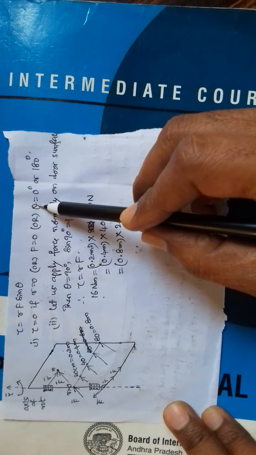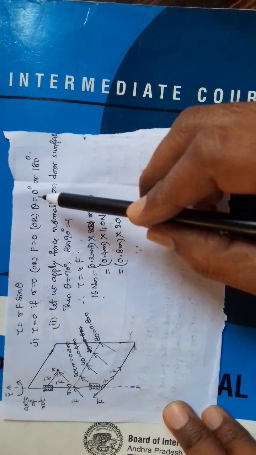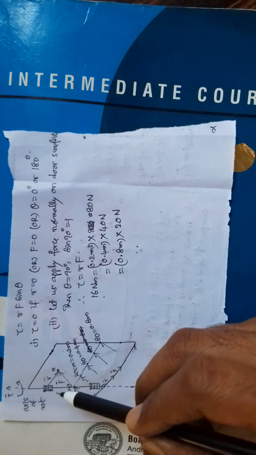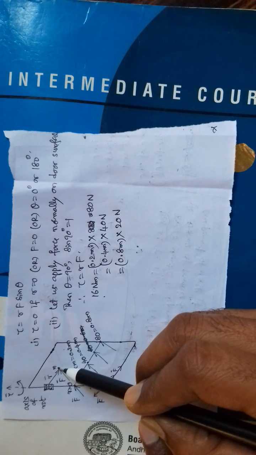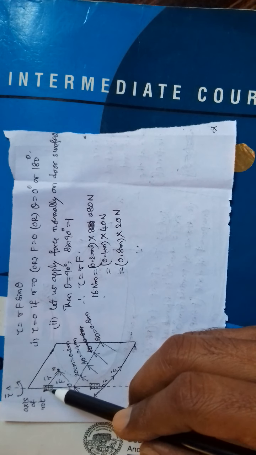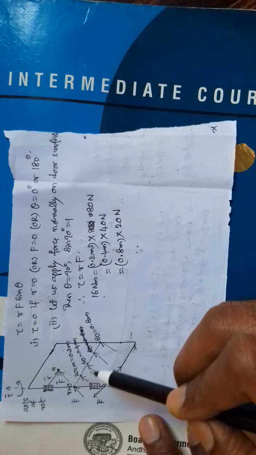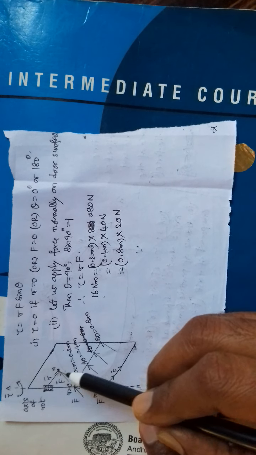And theta = 0. Theta = 0 means, see here, from the axis of rotation, suppose you choose a particle in the door having mass m, with position vector r from the axis of rotation to that particle, and the force you are applying.